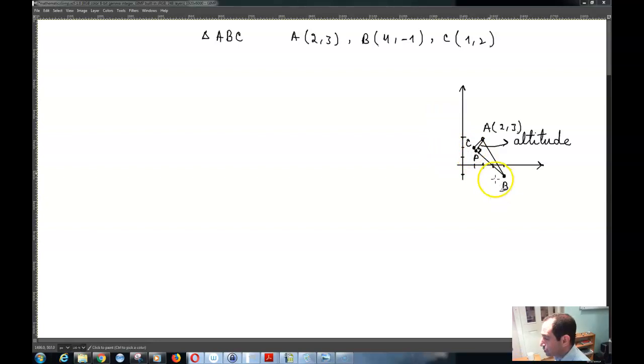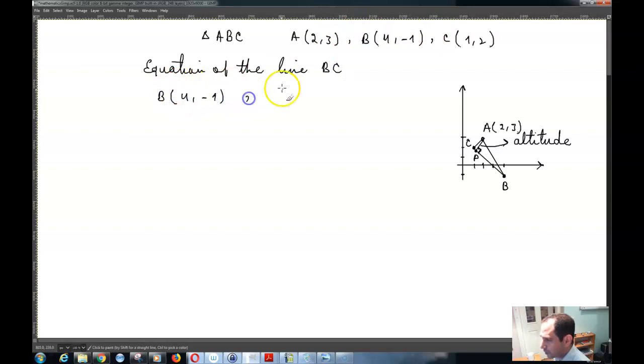So the equation of the line BC. You have the coordinates of B as (4, -1), and C as (1, 2). So we can calculate the slope over here.